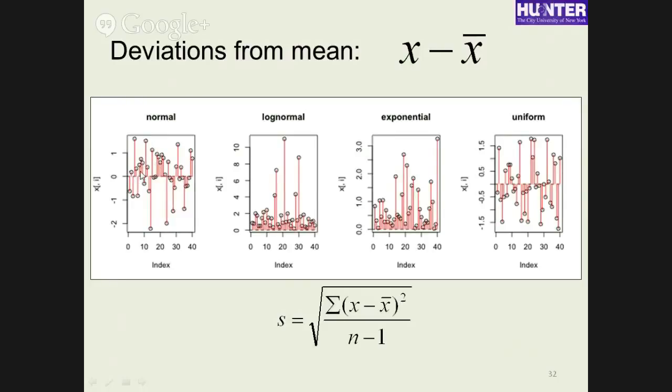So what I plotted here was 40 observations from a normal distribution with mean 0 and standard deviation 1. You can see how most of them are close to the mean, and a few of them are a ways away. And these red lines are showing these x minus x bar, these differences from the mean.